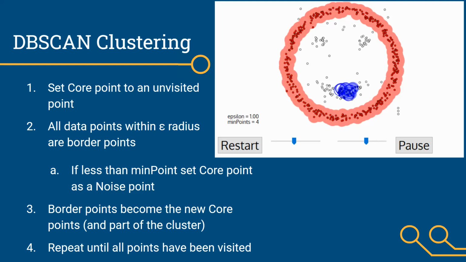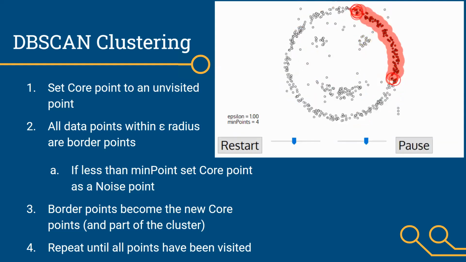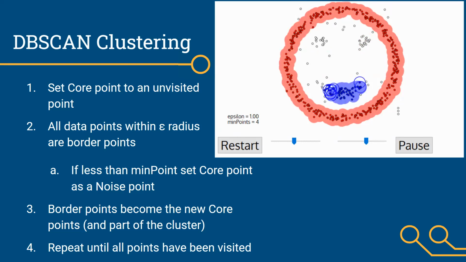If you think about how the others work, how they take the means and shift them, or just take the nearest neighbor, they would have a really tough time finding the clusters in this because it's literally just looking at the distance to the nearest cluster. And with a circular thing, it just wouldn't work. So DBSCAN has a lot of applications for data that wouldn't work for other clustering algorithms.